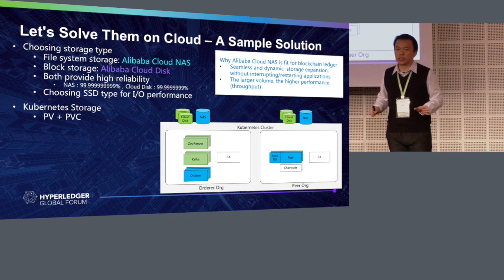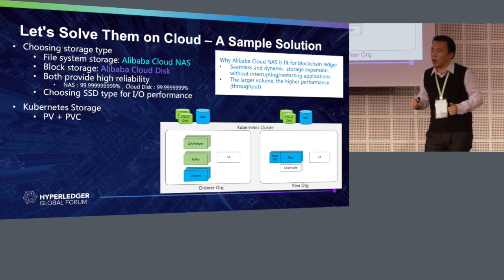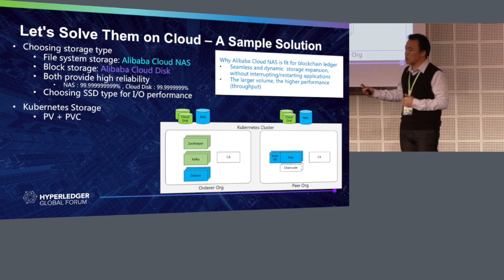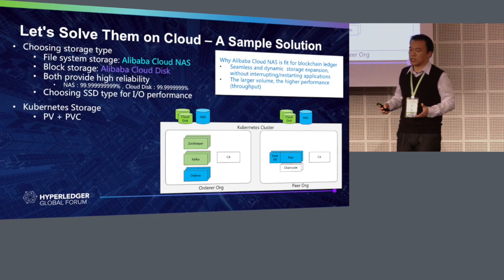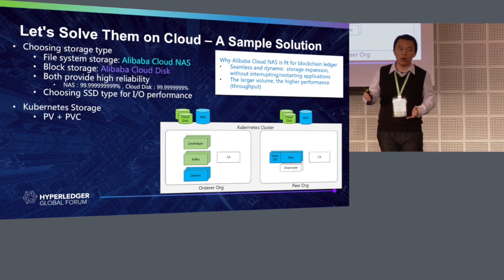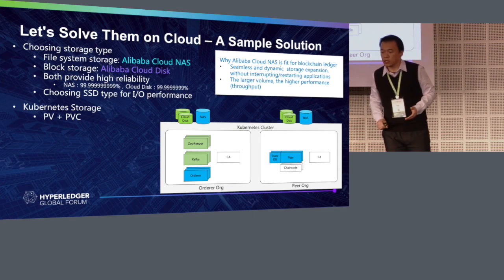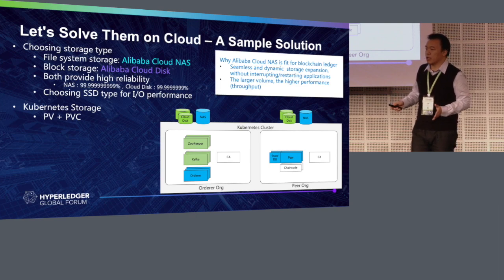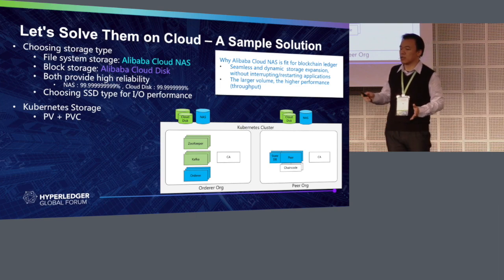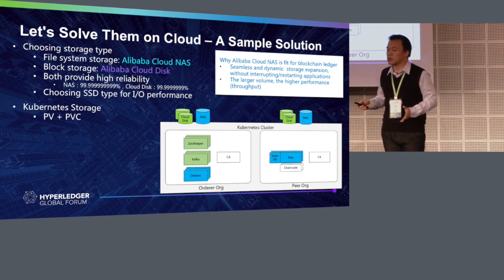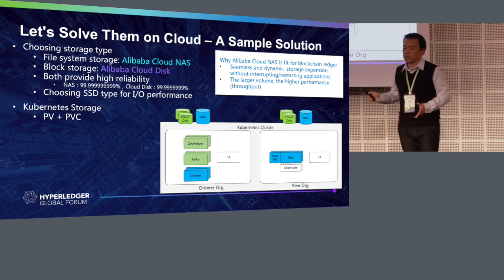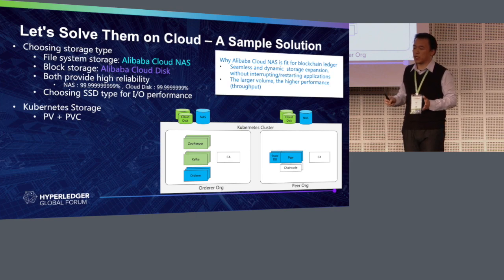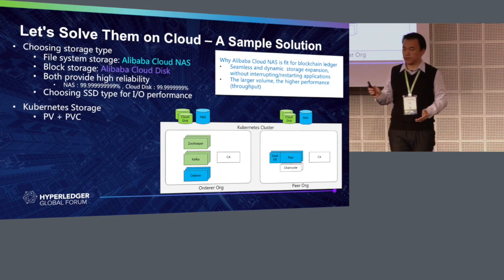The second thing is that some customers are concerned that as time goes on and the file system gets larger, the I/O will become very slow. To the contrary, NAS has the characteristic that the larger the volume is, the higher the throughput is. That is provided by Alibaba Cloud NAS. So in this sense, we can eliminate this concern of the customers.